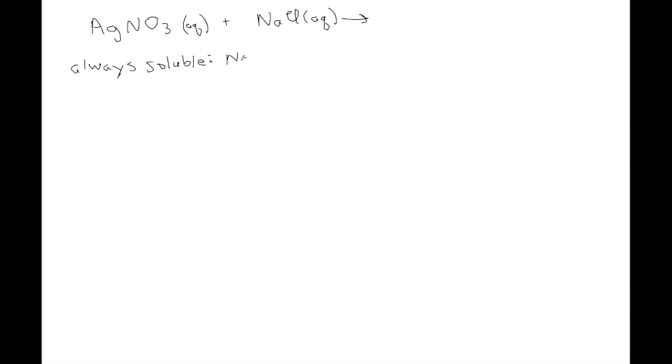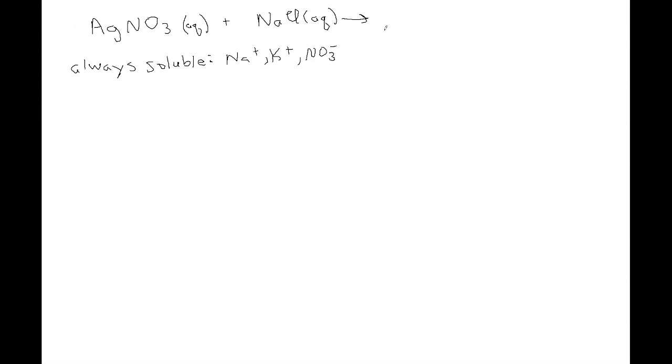For example, sodium plus and potassium plus and nitrate, these are always soluble. They never precipitate out. But other elements, when they meet up, it's possible that they could precipitate out.